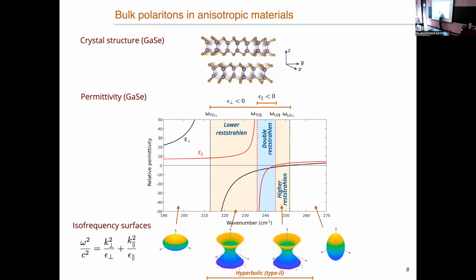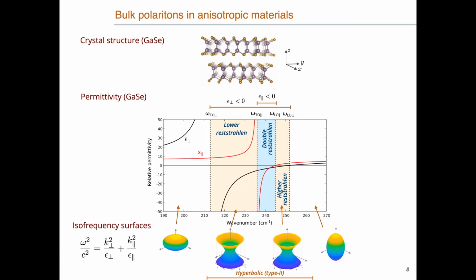They're different, but positive, leading to an isofrequency surface which will be an ellipsoid. If we go right here, we have positive permittivities, but now the magnitudes are reversed. We'll have an ellipsoid as well, but in the other direction. This is not so interesting.